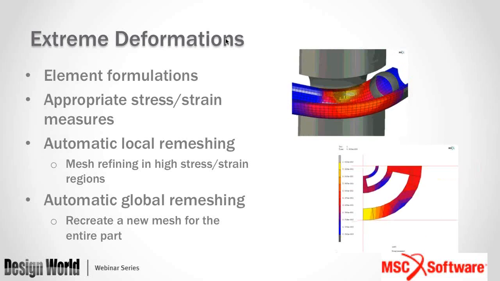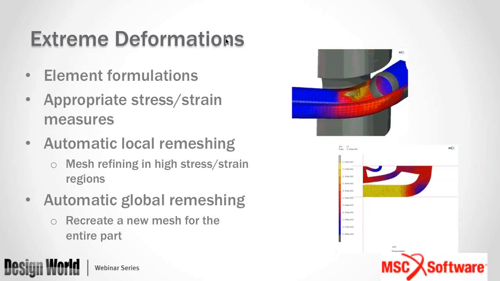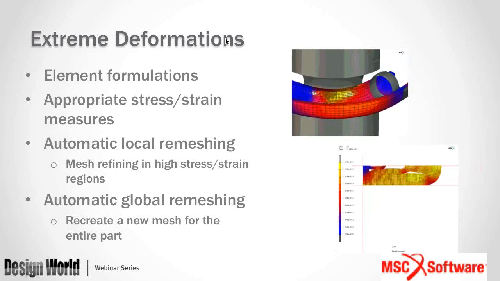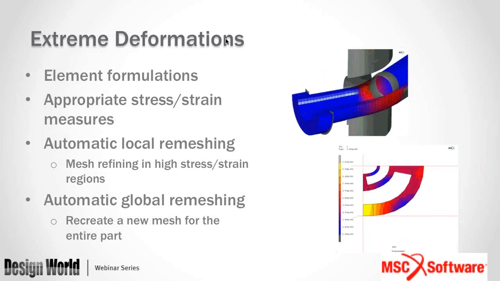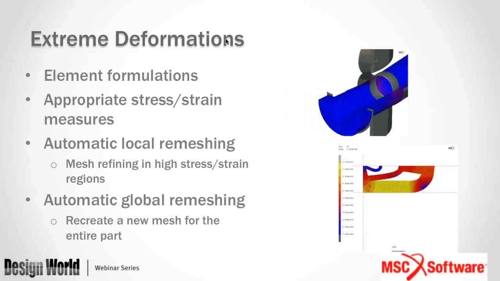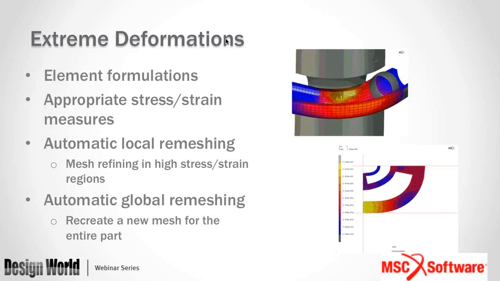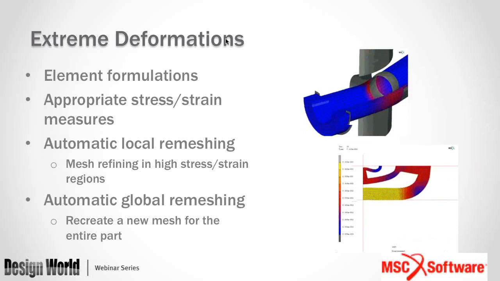On the other hand, if we have an automatic approach that uses local remeshing methods, we can make this process much simpler. Here in this top movie, you see that as the stresses are getting higher, the elements are getting smaller.